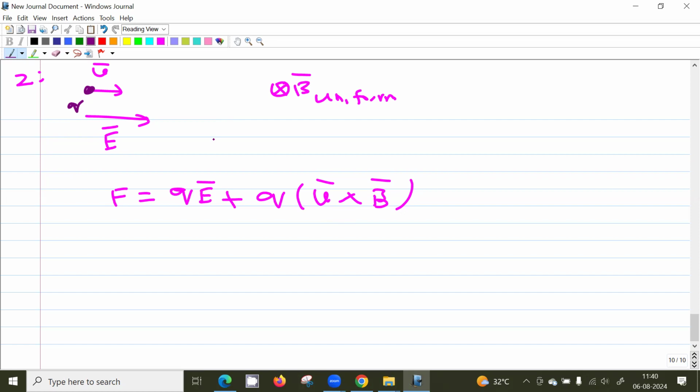So V cross B will be upwards. And since the magnetic force is perpendicular to the velocity, it will try to bend this velocity vector, so try to make it a circular motion, but this force will take this thing towards right. So the motion will be something like this.